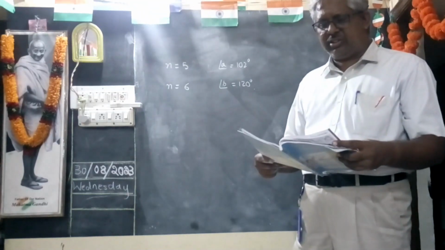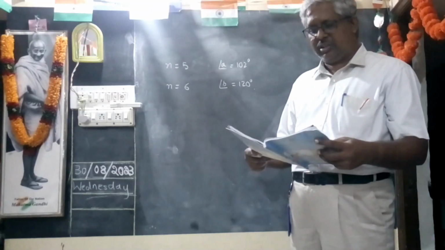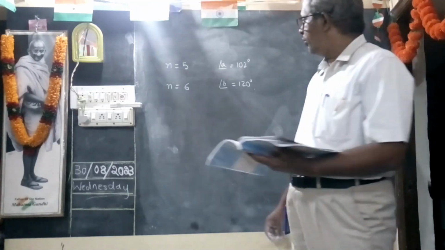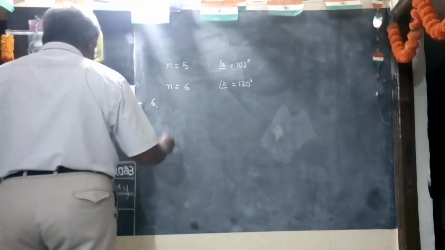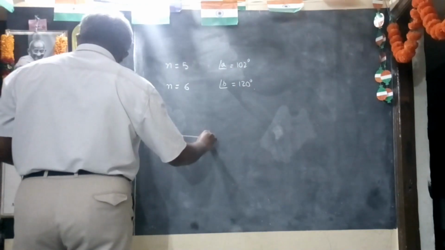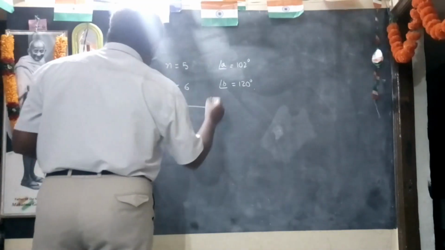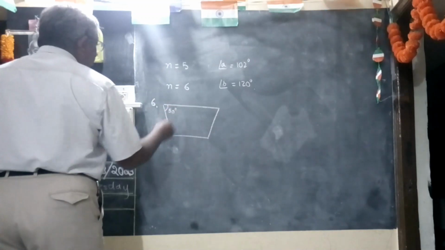Find the angle measure x in the following figures. Shall we try this? Yes, sir. Find the angle measure of x in the following figures. Let me take question number 6. 1, 2, 3, and then the 4. We have 50 degrees here.